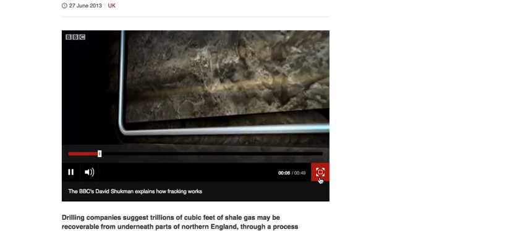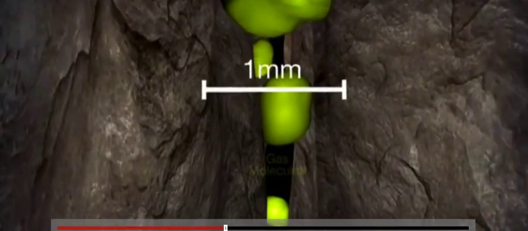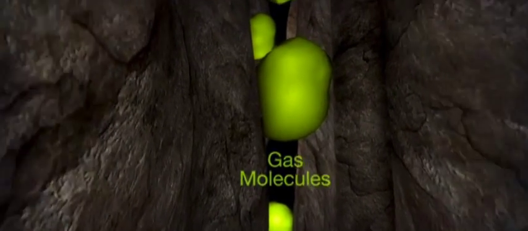And this is the most controversial. The first part of the operation involves drilling straight down and then turning the drill horizontally to run for miles underground. The ability to do this is improving all the time. The aim is to reach the tiny fissures in the shale rock down there. These are minute, some are less than a millimeter across. That's where molecules of gas are locked away, trapped inside.